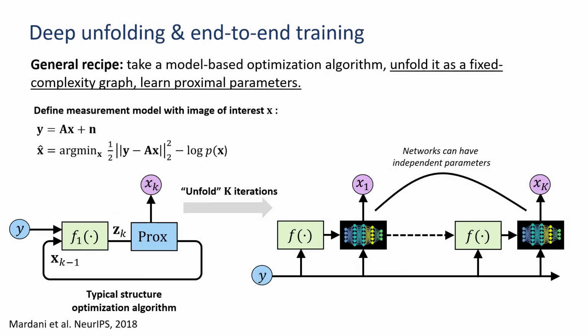Now, if you take this and you unfold that structure, then you can also imagine that you have an unfolded deep network with many of these proxies replaced by deep networks that you train then end-to-end.